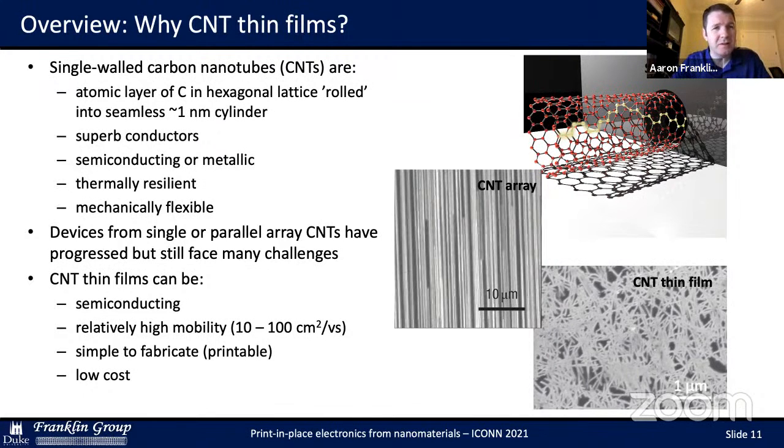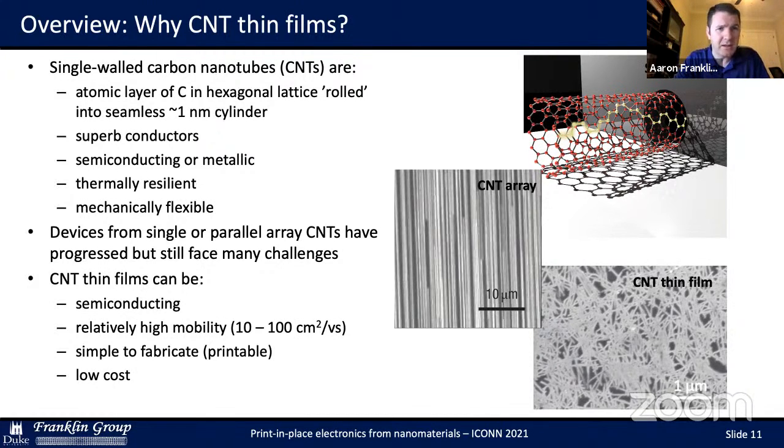And even though it lacks the refined nature of an array in the way that you see in these comparative SEMs, the fact of the matter is a percolation transport driven network of CNTs in a thin film still offers superb semiconducting behavior, mobility that is actually above the mark for most any other printed material films.